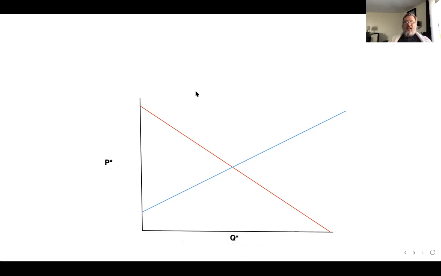A price floor is going to look like this, where the government says, no, no, no, you can't charge such a low price. We have to stop it, and there has to be a higher price for this thing.